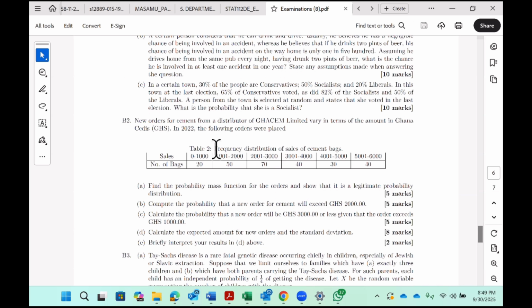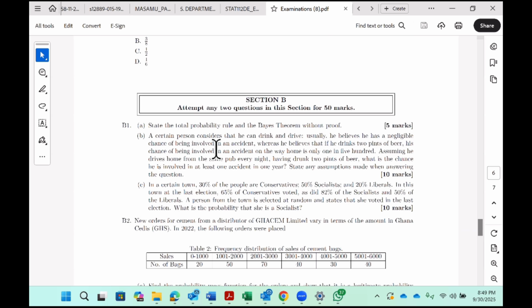So the first one, section B, B1A, state the total probability rule and the Bayes theorem without proof.